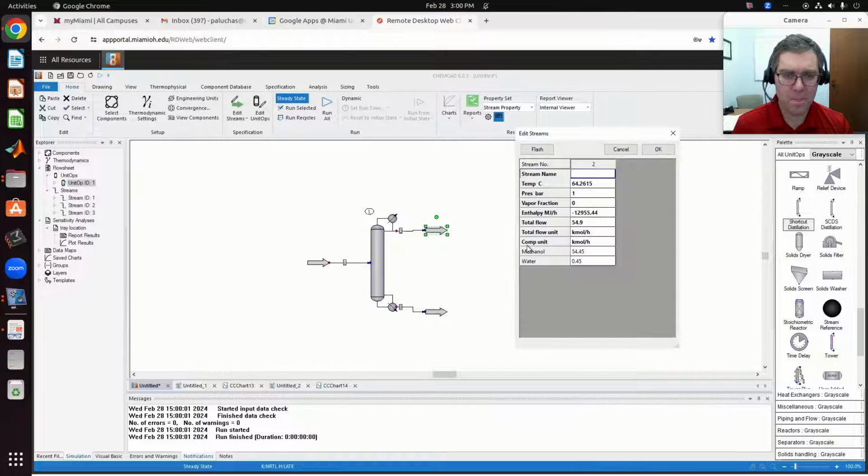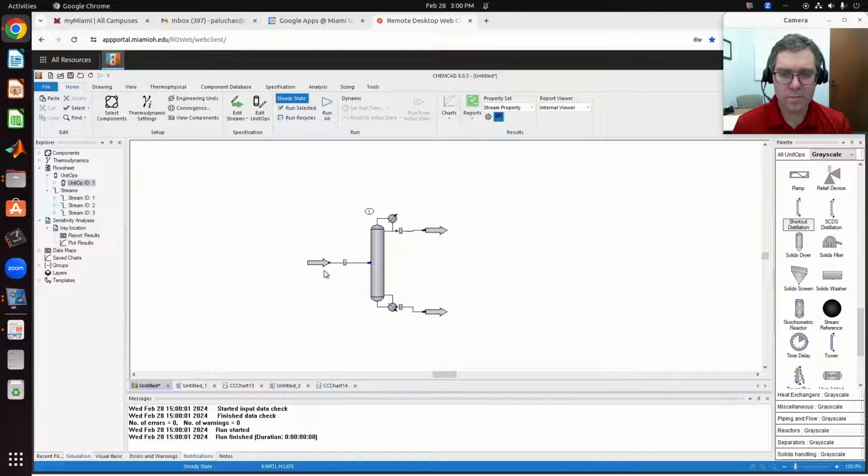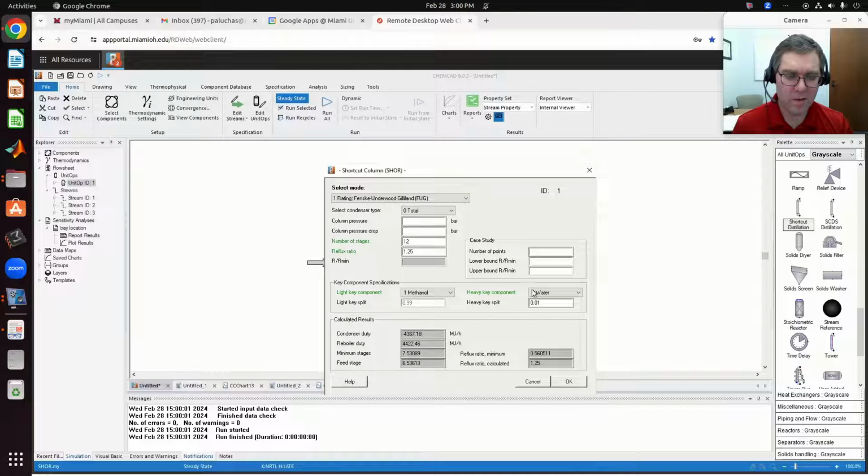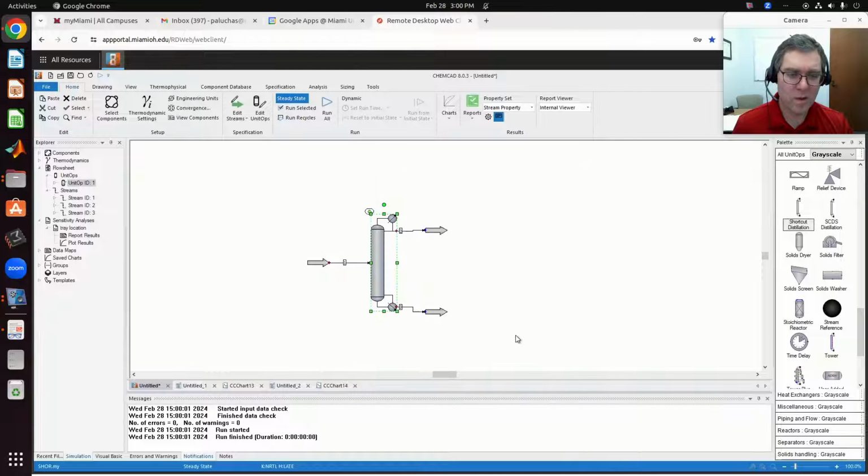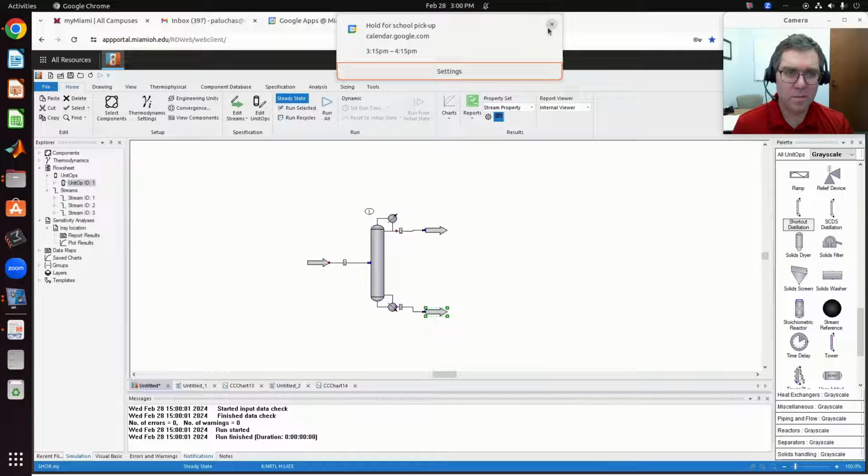Oh, that's because it's not a mole percent. And then it's 99.18 mole percent methanol coming out the top. So I specified a heavy key split of 0.01.